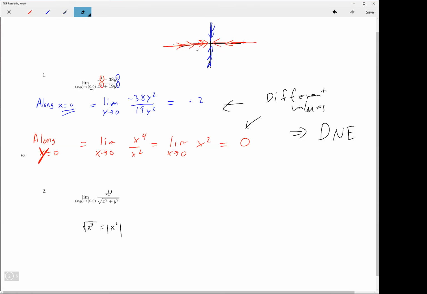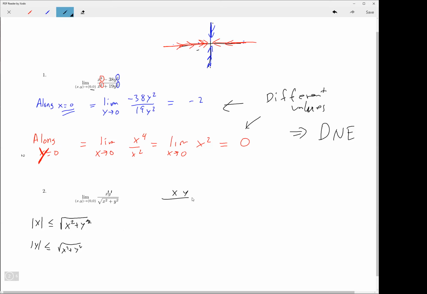And I suppose it's really hard to see this, but the absolute value of x is going to be less than or equal to the square root of x squared plus y squared. And then y also is going to be less than or equal to the square root of x squared plus y squared.